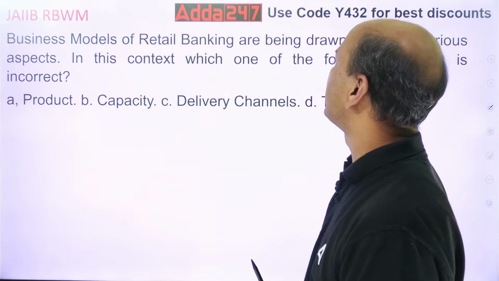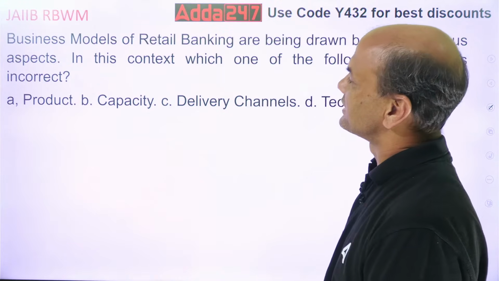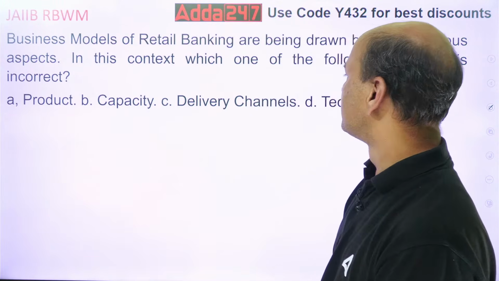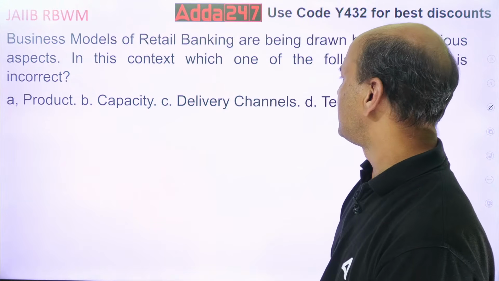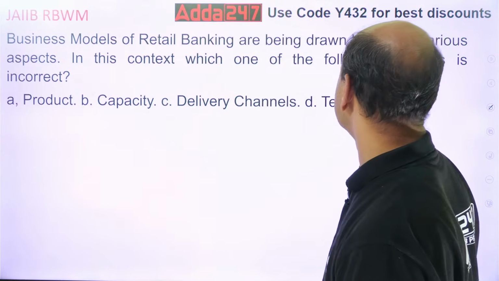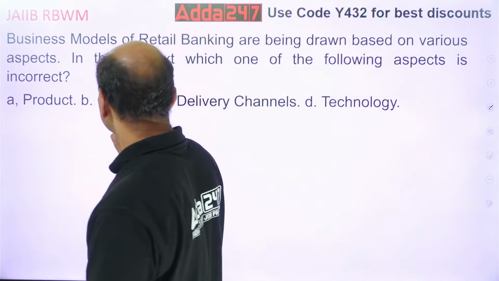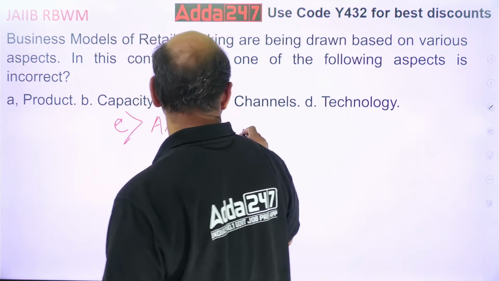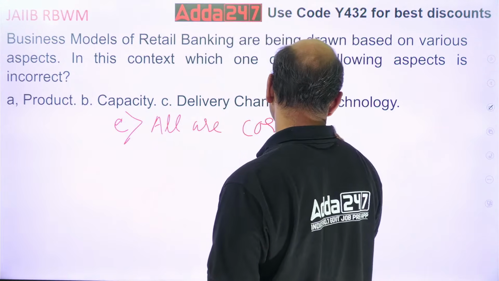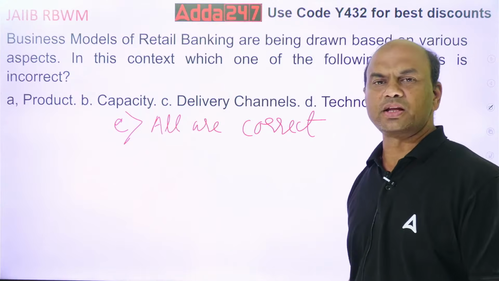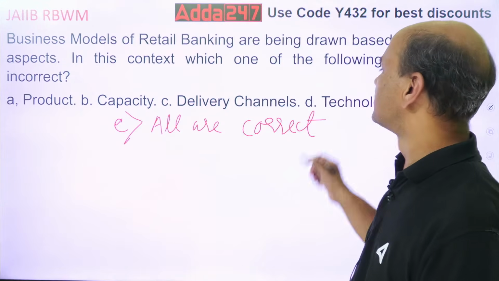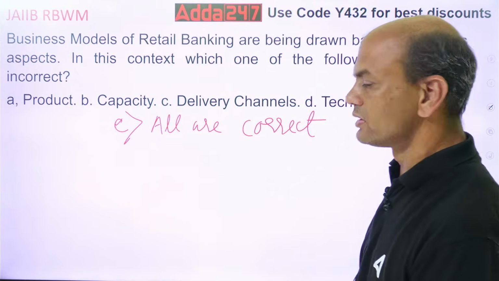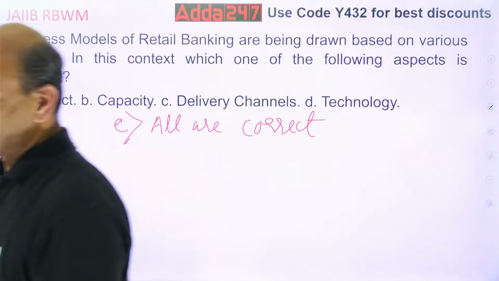Business models for retail banking are being drawn based on various aspects. In this context, which of the following aspects is incorrect? Product, capacity, delivery channels, technology, and E is all are correct.